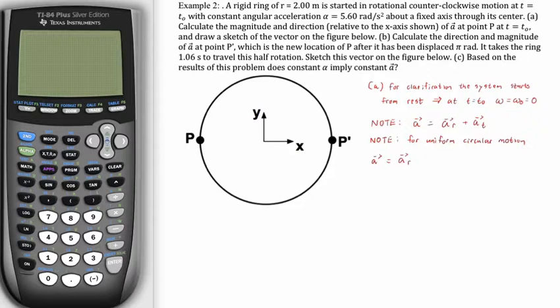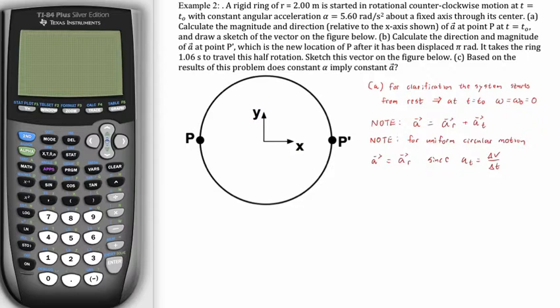Since a_t is by definition dv/dt, the change in velocity over the change in time, and notice that's the magnitude of the velocity, in other words, the speed.